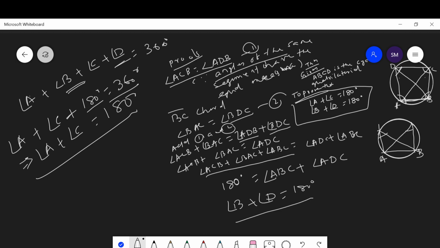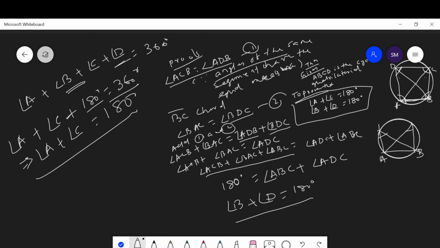As we know, AB is the chord and angle ADB is equal to angle ACB, as angles of the same segment are of equal measure. Then next consider the chord BC. When you consider the chord BC, then angle BDC is equal to angle BAC, as angles of the same segment are of equal measure.